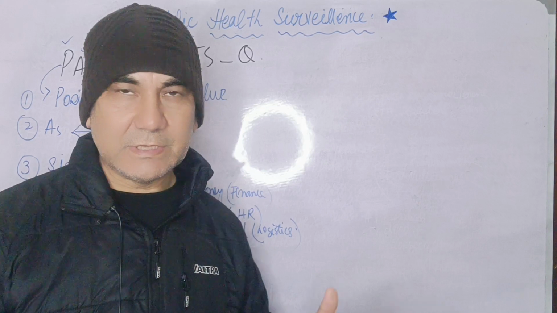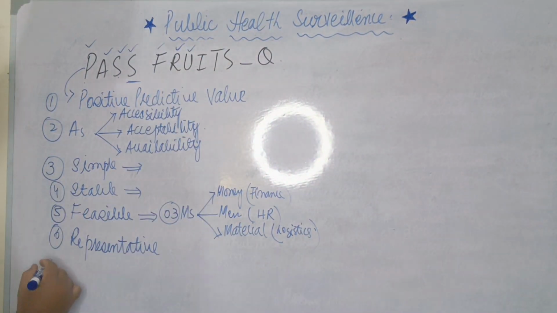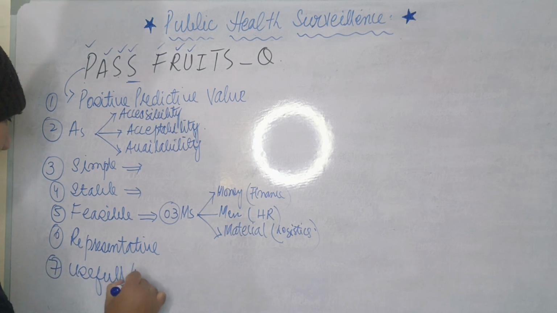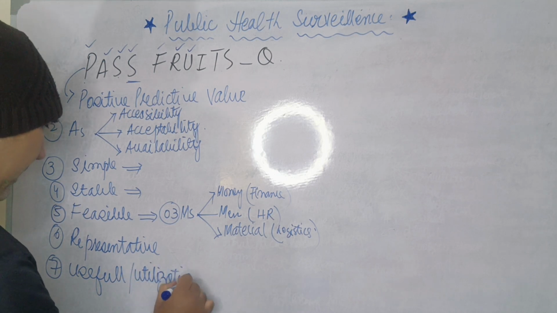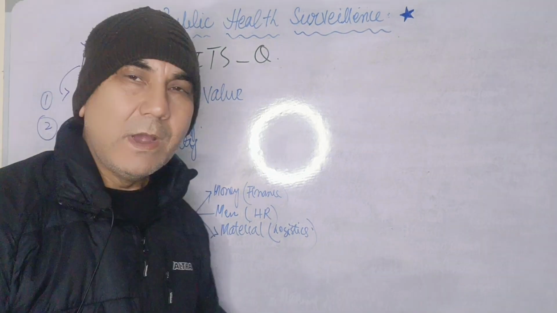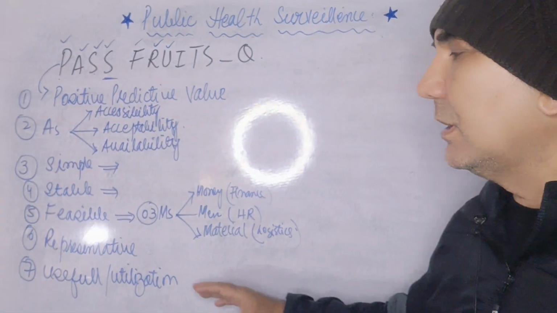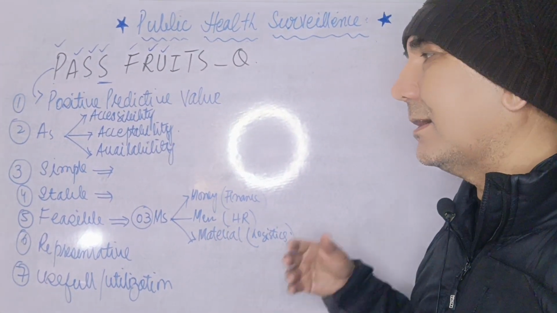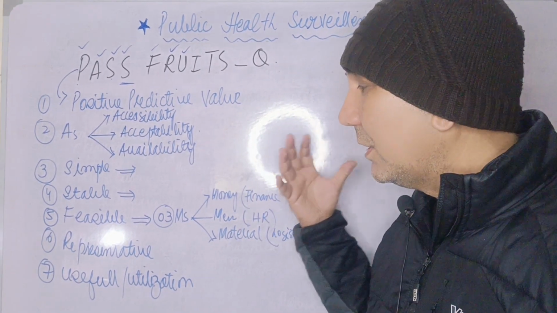Now the seventh characteristic is U, useful or utilization. When you conduct any surveillance in any community, it should be useful according to their culture, their problem, their issues.